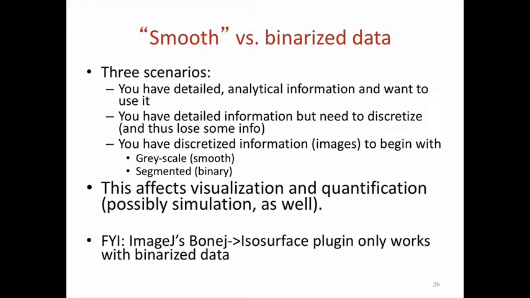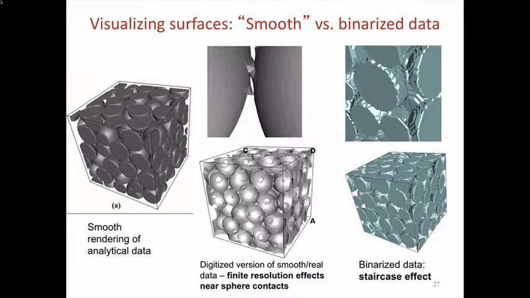I can create a field of distances to my sphere surfaces and find the isosurface 0. When I produce a surface or want to print it, I'm going to get a really nice surface that renders something like this. So this is my smooth rendering of spheres.